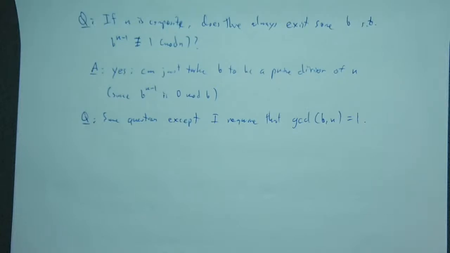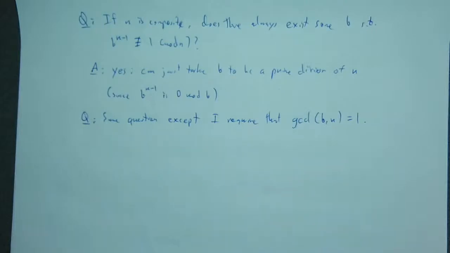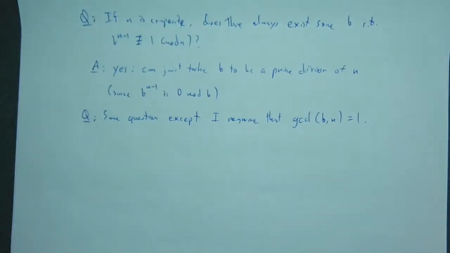So what is it that we're saying here? We are basically asking whether you could have some composite n that is a b pseudoprime for a lot of b's, right? That's what is being asked here.